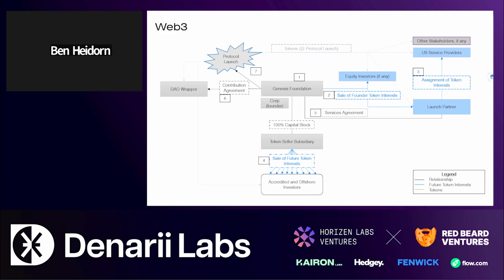How can a company that has already been formed, has already done equity rounds, has a valuation, how is it possible to do, I forget what you called it, the founder's token allocation? How can you do that without there being a tax implication up front, or does there have to be because there's already a company?